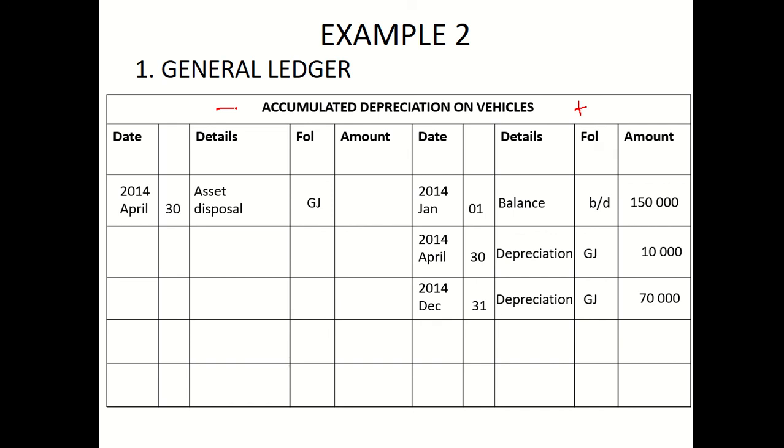I know some of you probably forgot this, so I'll go back to it again. It was 30,000 rand for the 2012 financial year, because we bought it on the 1st of January 2012. And then we had another 30,000 rand for the 2013 financial year. When you add those two, the accumulated depreciation of the asset sold at the beginning of the current financial year will be 60,000 rand.